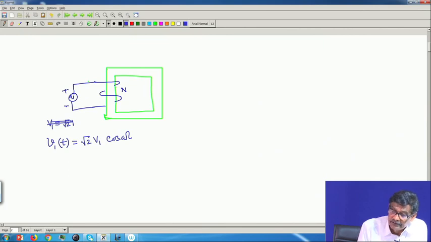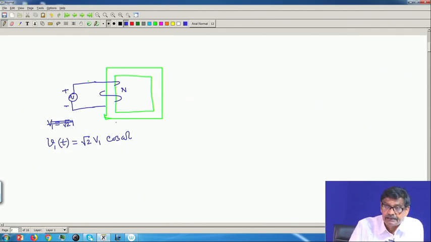Now, if you pass a sinusoidal voltage across the coil, in case of a DC magnetic circuit, when the current is constant, you calculate Ni, the MMF, divide it by reluctance, and get the flux.